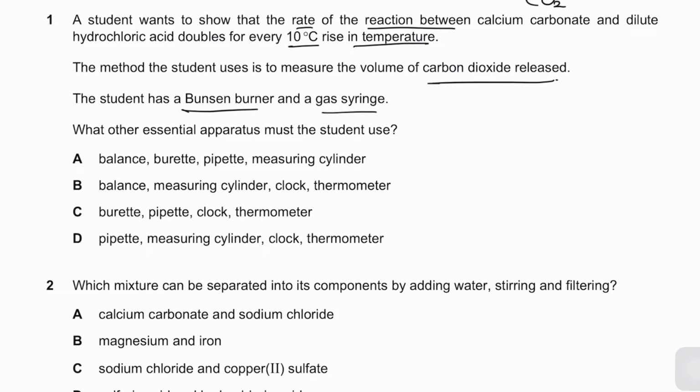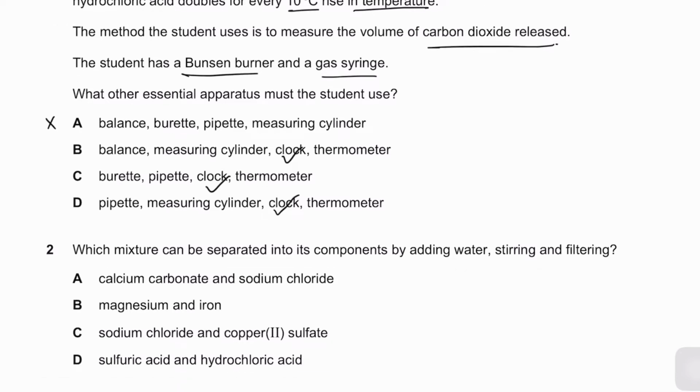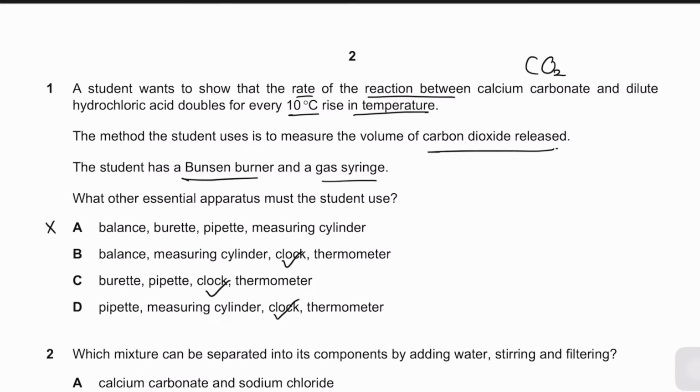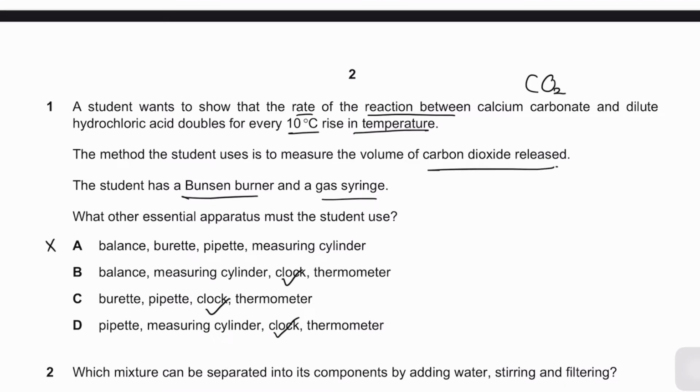So obviously the student needs a clock. So the options with a clock will be selected, and option A will be cancelled. Next, the student will be needing a burette. Why will the student be needing a burette and also a pipette? Because we have hydrochloric acid and we have calcium carbonate.